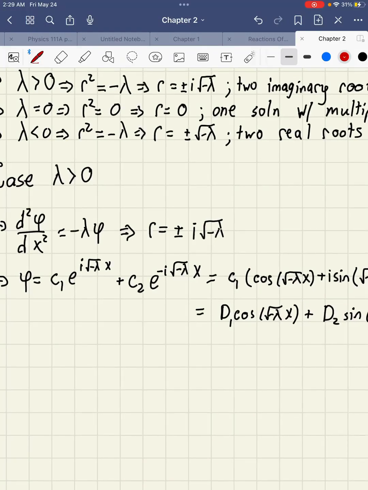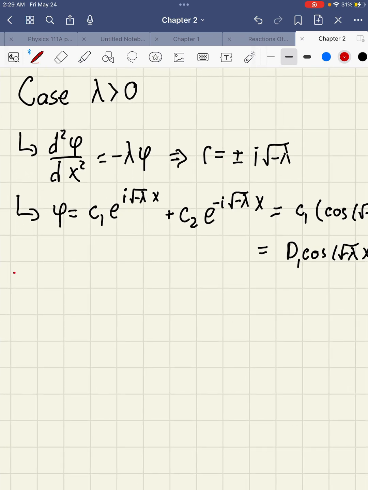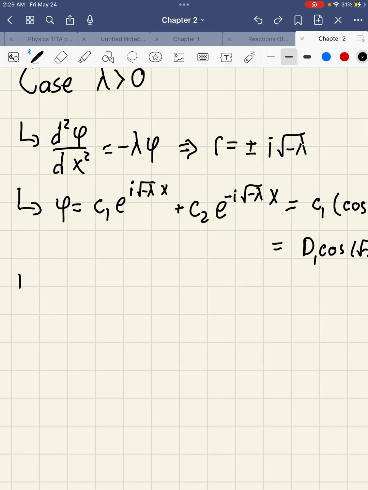Okay, so this is my solution. Now let's apply the boundary conditions.